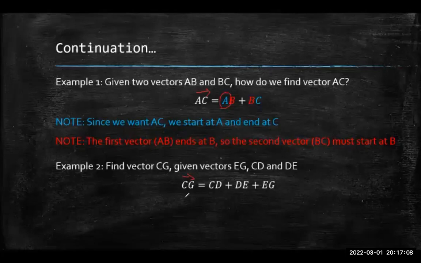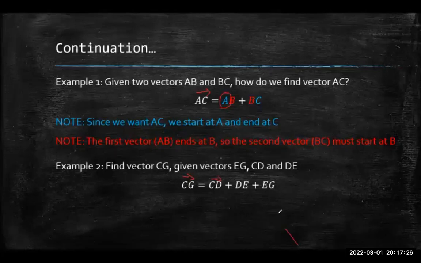Vector CG implies that I'm starting at the point C going towards G. Starting at C means that I must choose a vector here that also starts with C. In this case, it's CD.